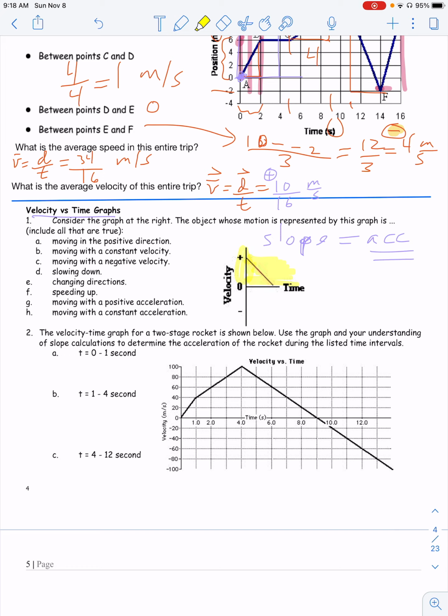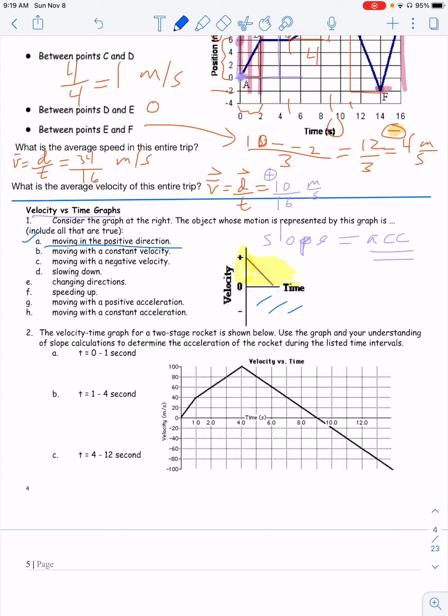If you're down below 0, you have negative velocity, which means going in the negative direction. So, am I moving in the positive direction? Yeah, I never went to the negative zone, where it's all negative. So, yes, it's true. I'm only moving in the positive direction.